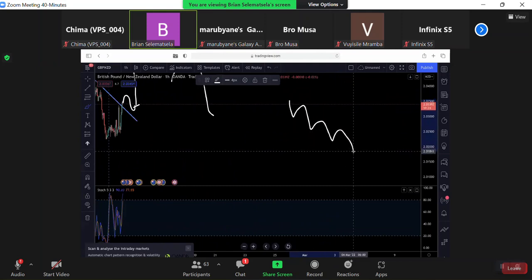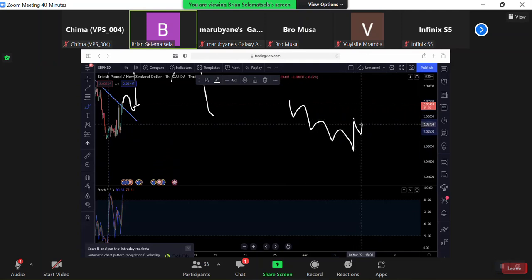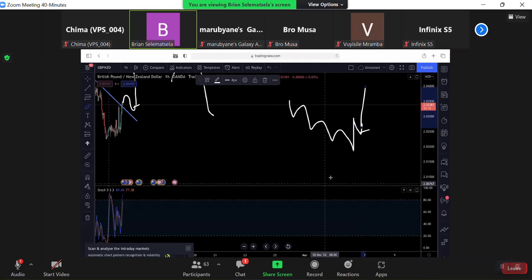So the main aim is to turn on the second point and take it to the opposite direction. To enter here, even if I had a strategy that allows me to enter here, I wouldn't want to enter where the market actually turns directly.